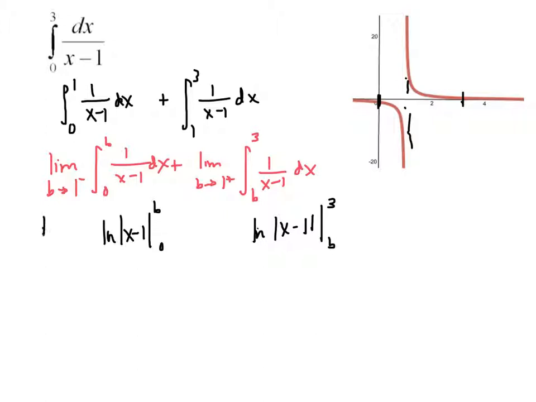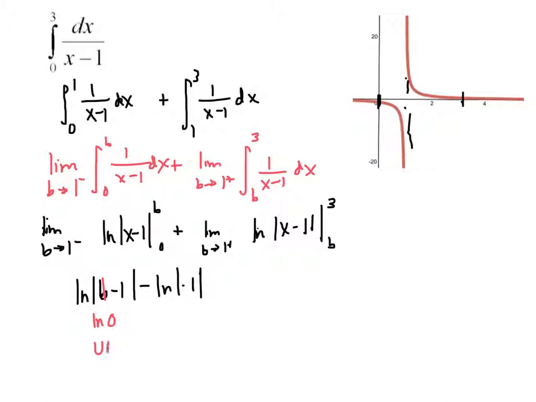And we take the limit. Well, here if I plug in 1, I get the natural log of the absolute value of b minus 1, minus the natural log of the absolute value of negative 1. Now I plug in 1 for b, and I get the natural log of 0, which is undefined. Well, that kind of derails this entire thing.